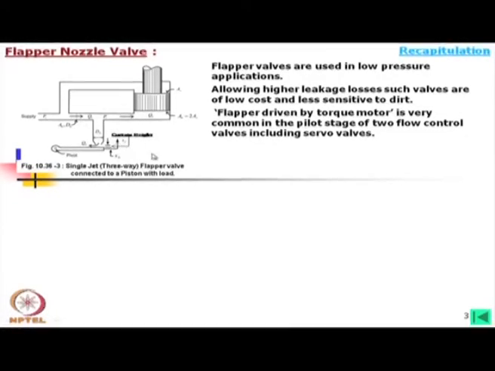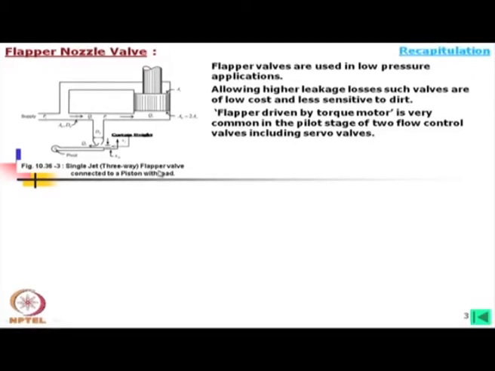This is acting as a 3-way spool valve, but in most cases the application of this flapper valve is at the pilot stage of a 4-way valve. I will show later that if we use this jet in the other directions also, then we can imagine here a 4-way spool valve.